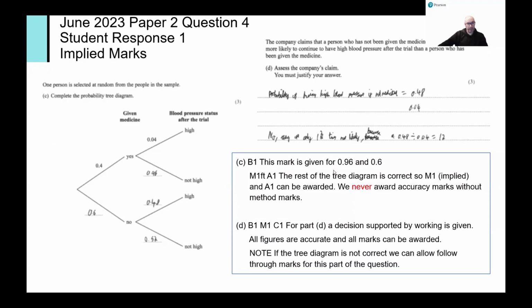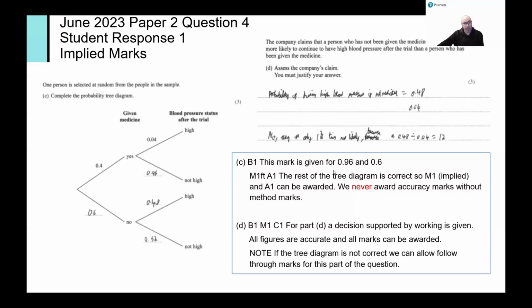What's in part D? So again, important here, they got the mark for the values on the tree diagram. That's all fine. Now the other values that we will need to get from this tree diagram will involve some working out, some calculations, and we can't see those calculations.